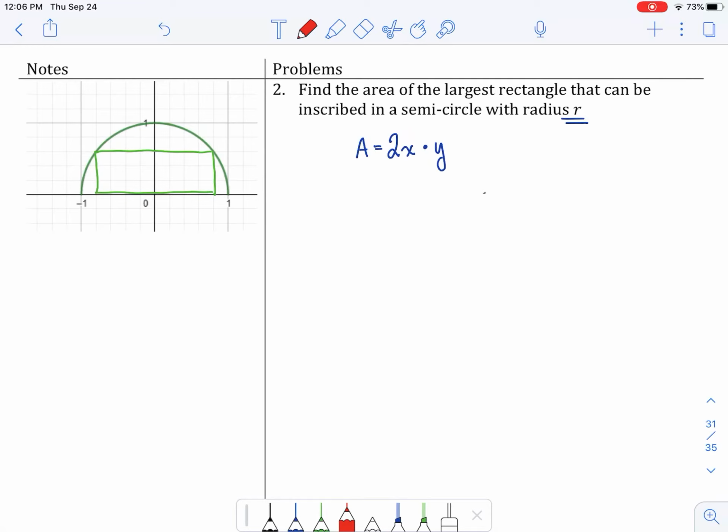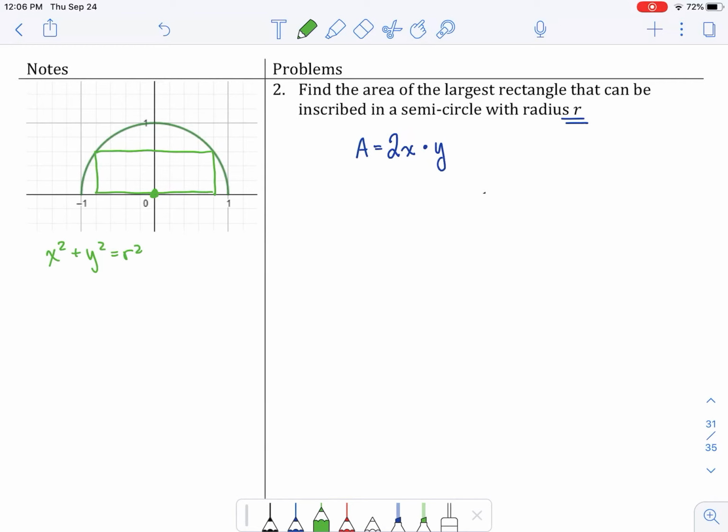Now, the first thing to remember is that this is a semicircle. So the equation for a semicircle, or a circle in general, is x squared plus y squared equals r squared when centered around the origin, which this one is. Now, we want to solve for x and y in terms of r.